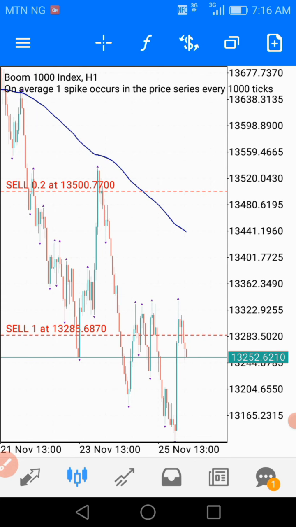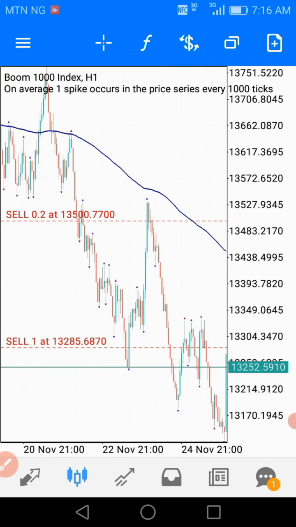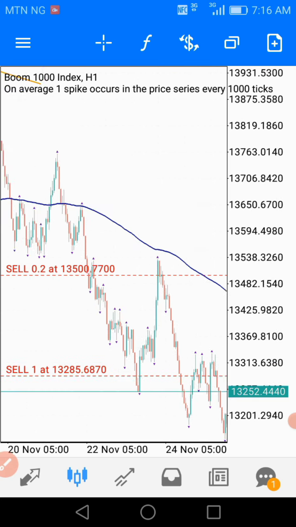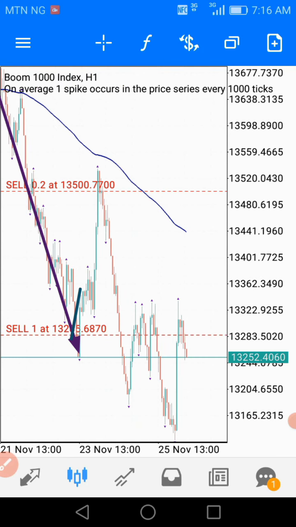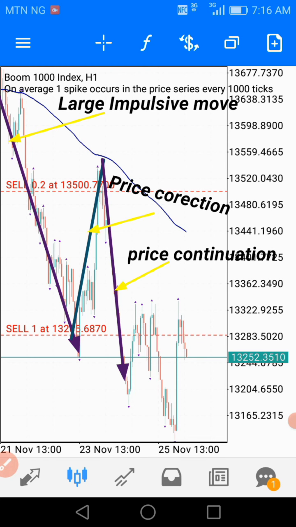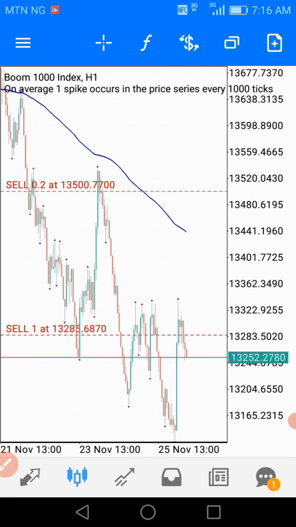This means that after the short-term corrections, the price of course will still continue in its overall direction. That's what you are seeing here now. I'm going to show you all that. But just know this secret, that there is an impulsive large movement of price.